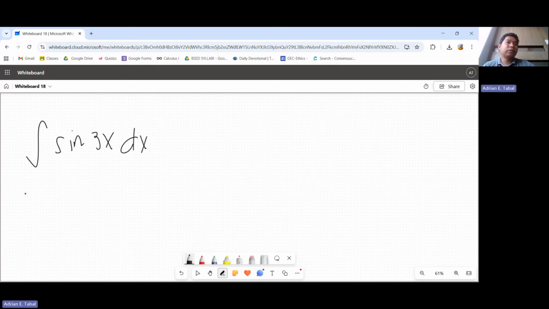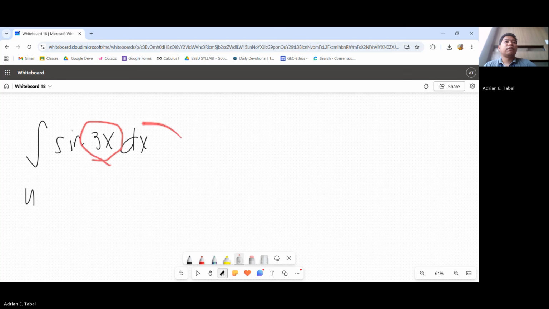So our u most probably will be the variable and the constant inside. Since it is the integral of trigonometric functions, we have the integral of sine, the integral of cos. The inner function of this is 3x.